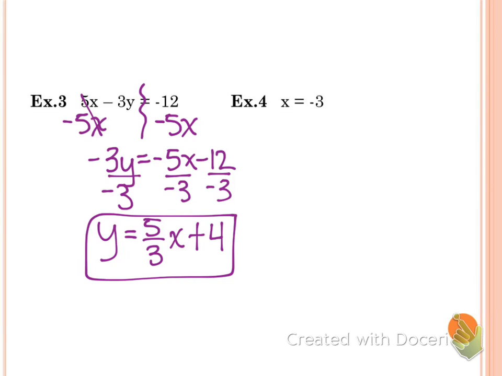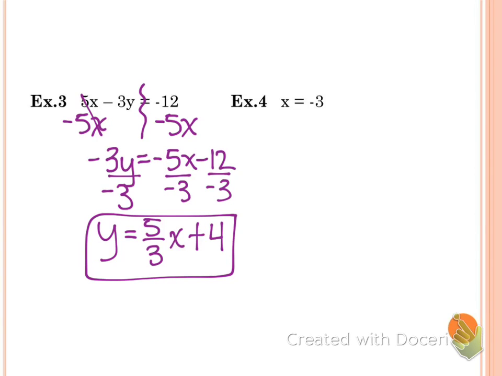Number 4 is a little strange. What's different about it? Keon? Okay, that's what it is. Is there anything we notice that's different about it from the other problems we've done? Carl? There's no y there. How are we going to get y by itself if there isn't a y? Well, the answer is that we're not.